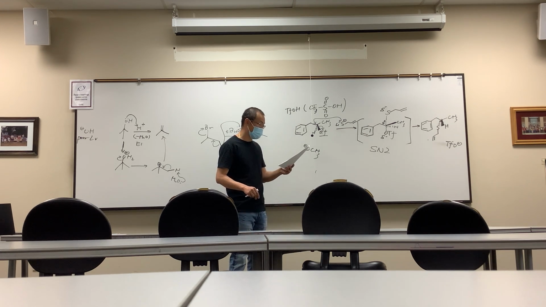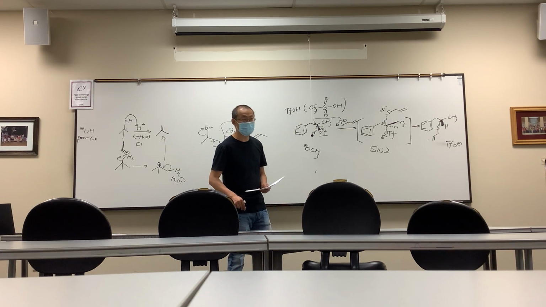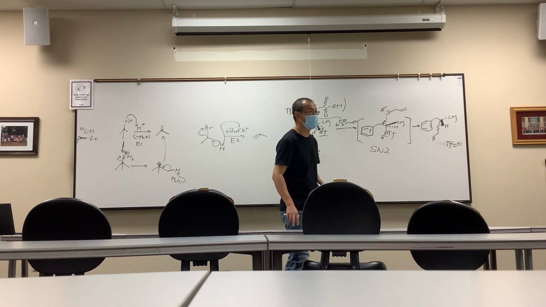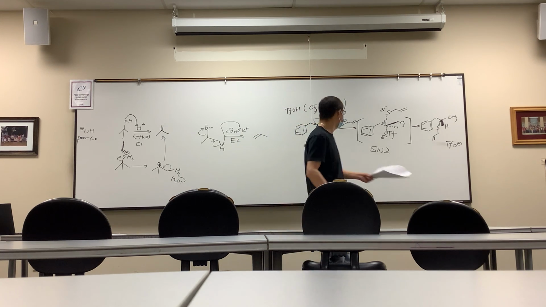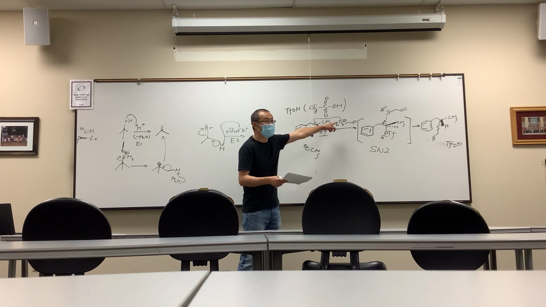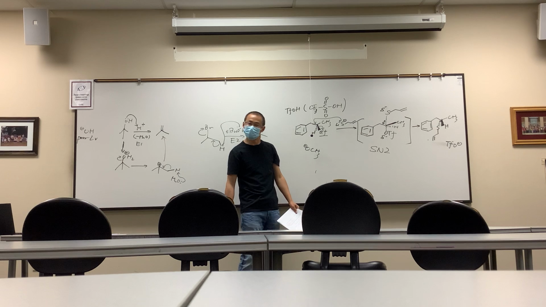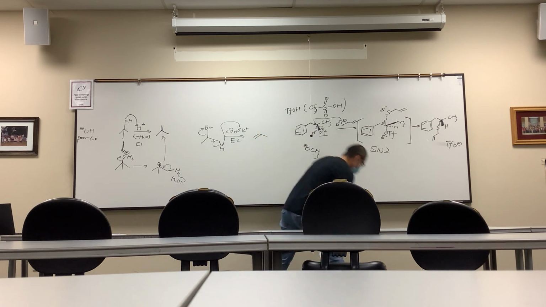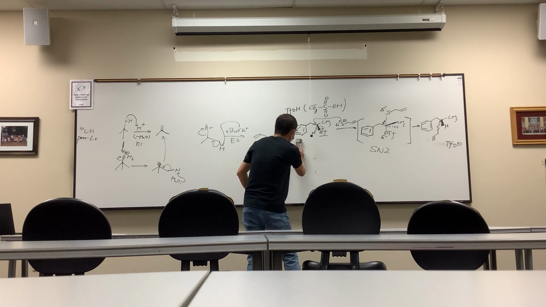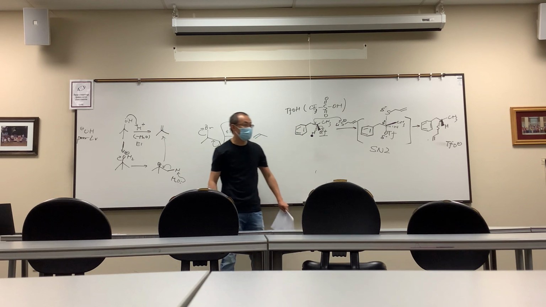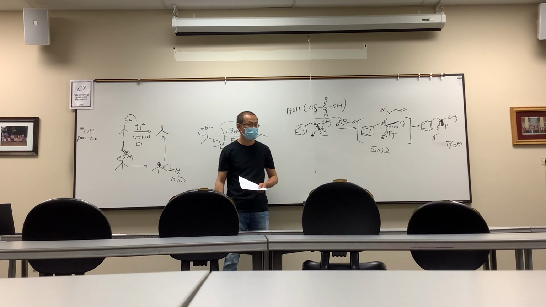So it is a very bad leaving group. If that's the change, the reaction most likely will stop. At least if you only change that, even if you use a good solvent and a strong nucleophile, the reaction will not happen. The reason is this leaving group is terrible, terrible, terrible. So the reaction stops. If you choose slower, I would still give credit, but the answer is stops. Does it make sense?